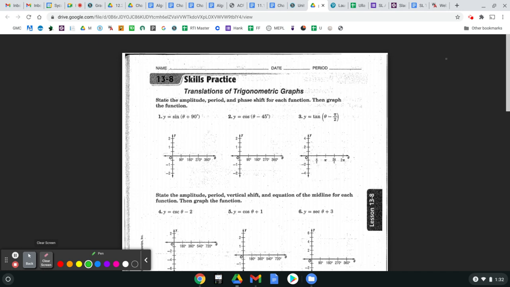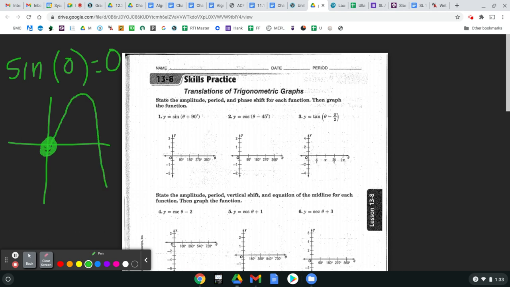Here's what you need to know. Let's just start with sine and cosine. Sine of 0 is 0. So sine starts right here, then it goes up and back down, and it keeps going forever like that.